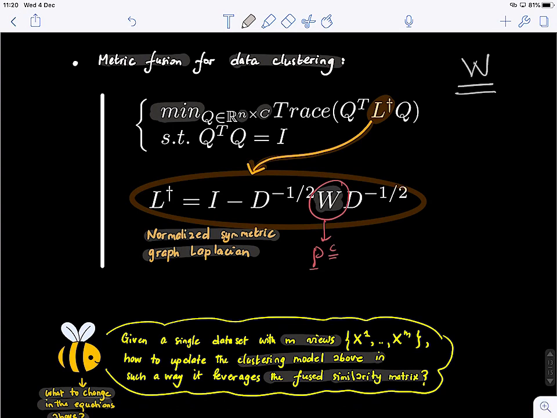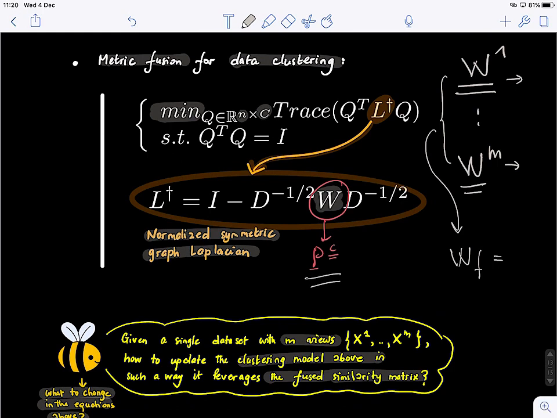But imagine if we have multiple W's, W1 to Wn, you would do clustering on each of these independently. But in our case, with multi-view data, we fuse them. We create a WF, or the PEC that we got at the end of the cross-diffusion process, and you just plug it in here, update everything, and solve the same problem. Just one variable to change, okay?